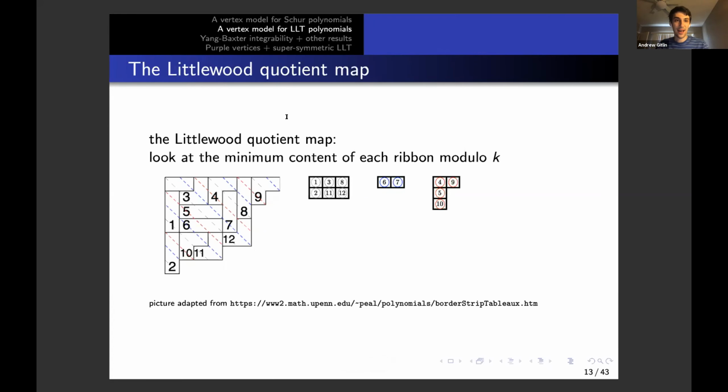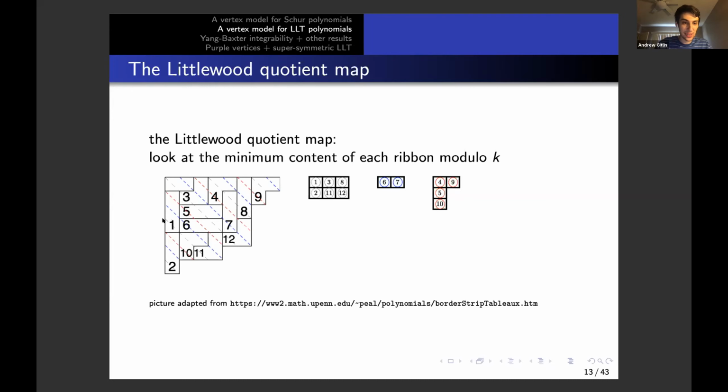And then the Littlewood quotient map gives me a bijection between ribbon tableau and semi-standard Young tableau on those shapes. And the idea is you look at the southwestern most box of all of the ribbons and look at their content modulo k, modulo 3 in this case. So for instance, on all of these gray diagonal lines, those are the cells with content 0 mod 3.